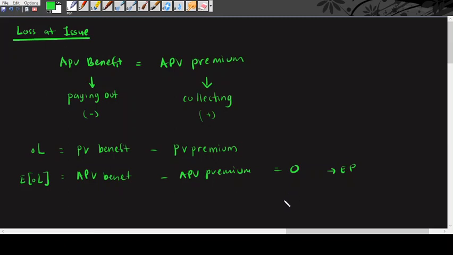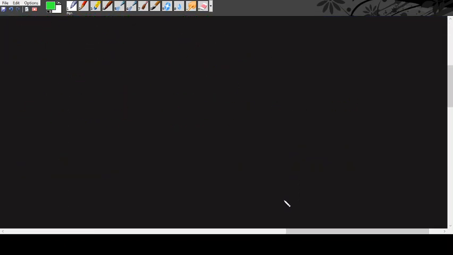Let's look at the example of the fully continuous whole life insurance.